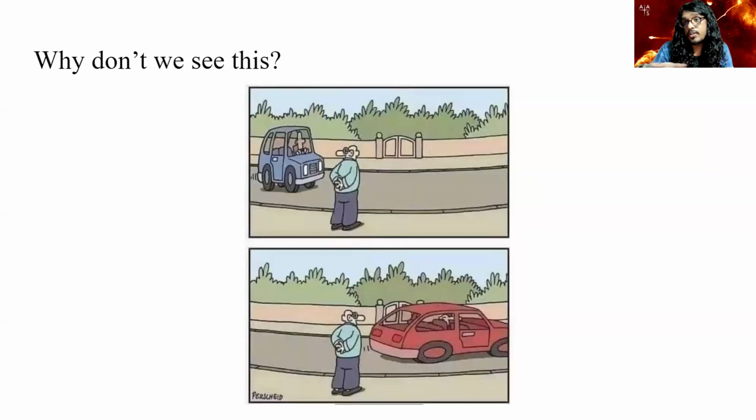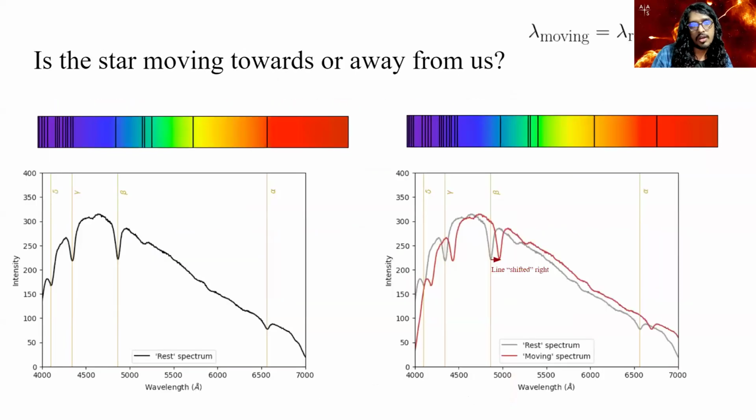Why don't we see the Doppler effect with light in our daily life? Well, because the change is very, very tiny, and it doesn't happen when the velocity of the source is very small, which it is in terms of things that are on Earth. You need very, very high velocities of the source to see this effect, which is only usually observed in outer space.